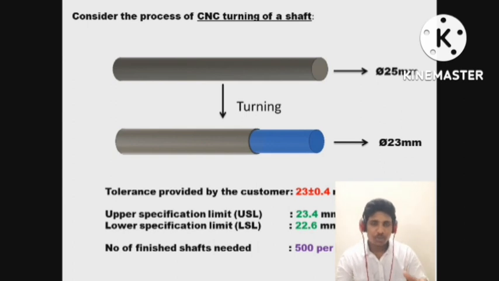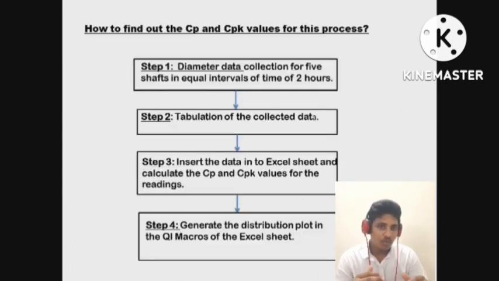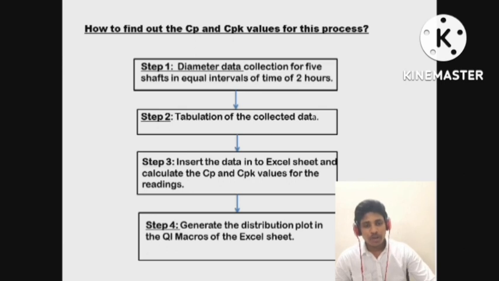Now let us look into the process, how we are going to measure the process capability and the CP and CPK values for this process. To find out the CP and CPK values, we are going to make a sample practical observation.